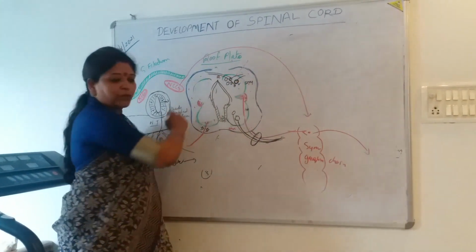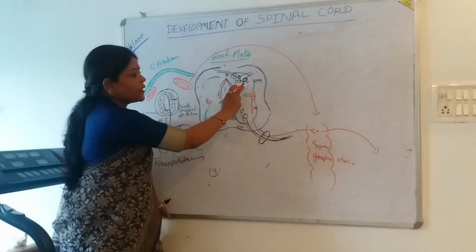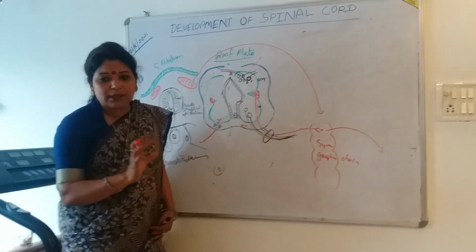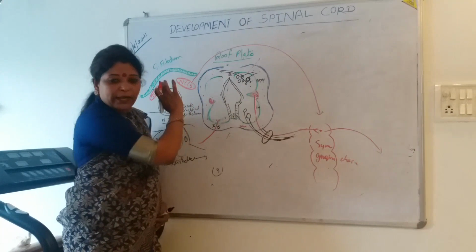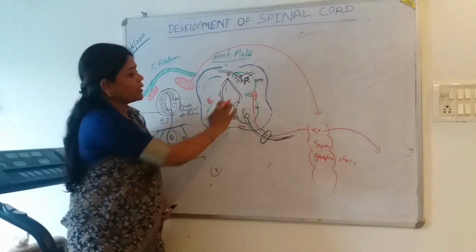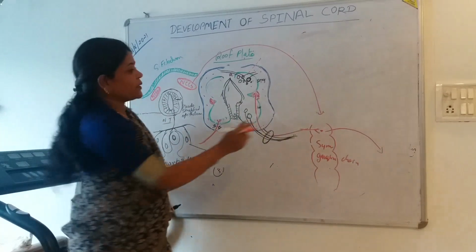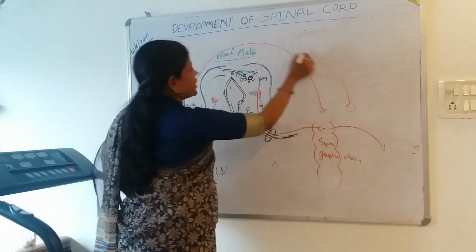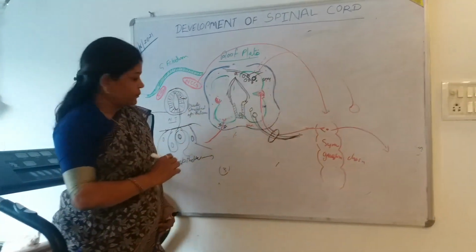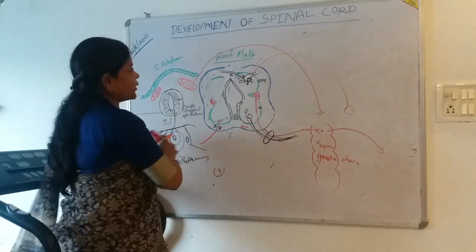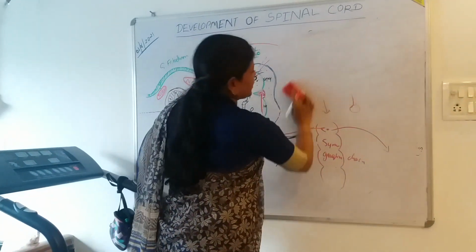The neuroblast cells which are forming the neurons here, sensory neurons here, in the alar plate or the alar lamina are not the first order neuron. That means sensation from the periphery is not received here. This thing should be clear in your mind. Then what is the story again?